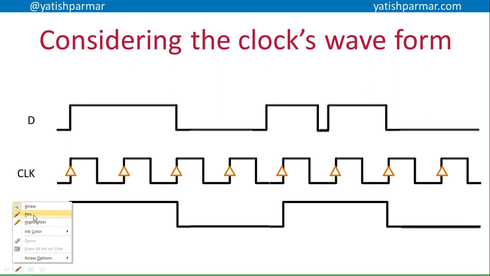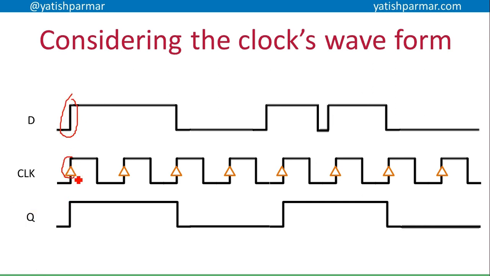First one is that the change in D only results in a change in Q when it occurs at the rising edge of the clock cycle. Second thing, what happens if the change occurs part way through a clock cycle? Well, it doesn't matter, because the rising edge will track the transition, and Q will catch up at that point.